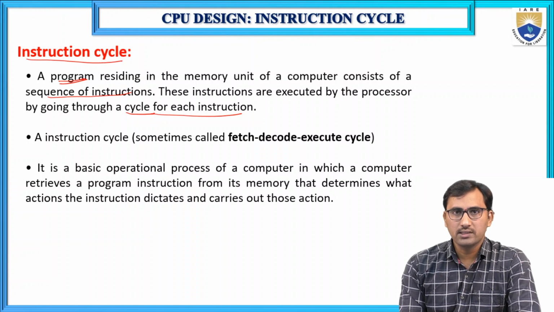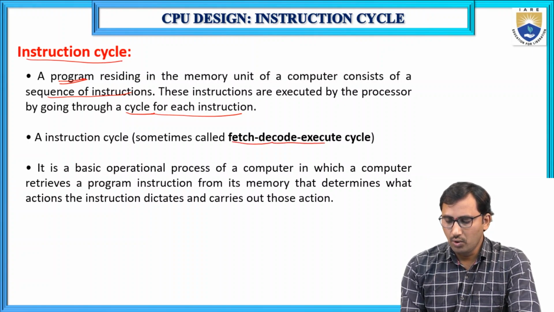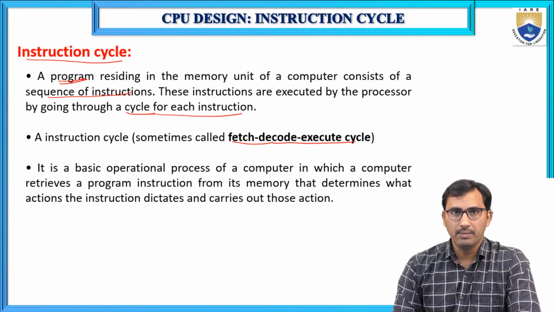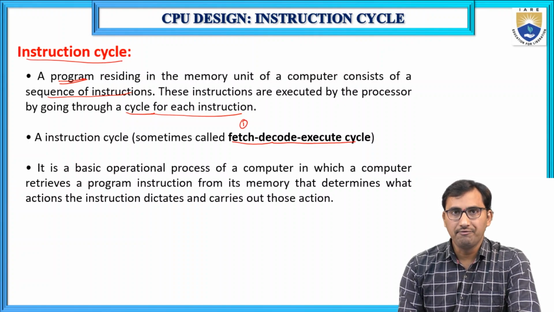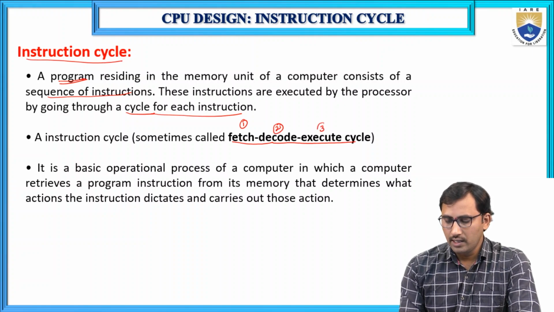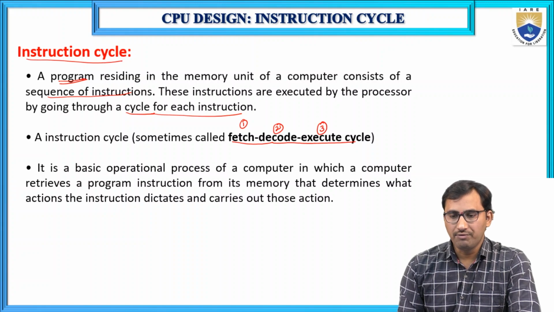This instruction cycle can also be called the fetch, decode, execute cycle, because every instruction has to undergo all these three phases. The first phase is fetching, the second is decoding, and then executing. Only if the first instruction is fetched, decoded and executed will the second instruction be fetched from the memory.